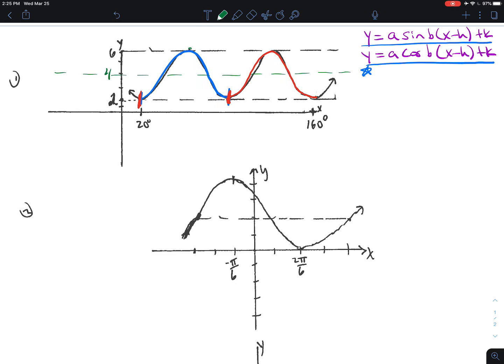Because regardless of whether it's sine or cosine, that's going to be your shift. Now, if I want to do this as a sine graph, I could start, for example, right here and go up and come down and then finish right there. There's a positive sine curve. Now you see another one to the right there in red, not quite finished, but that would be another sine curve you could work on from there.